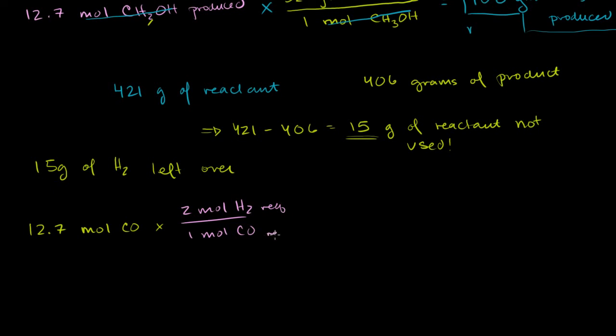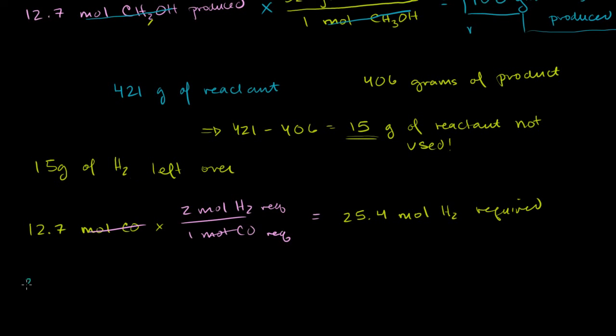So this cancels with that. 12.7 times 2 is 25.4 moles of H2 required. And what is the mass of 25.4 moles of H2?